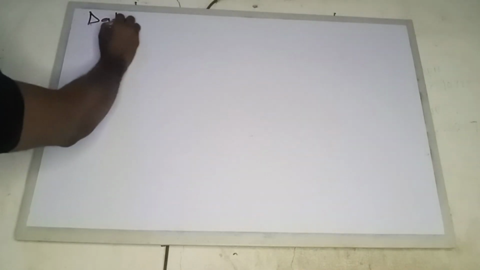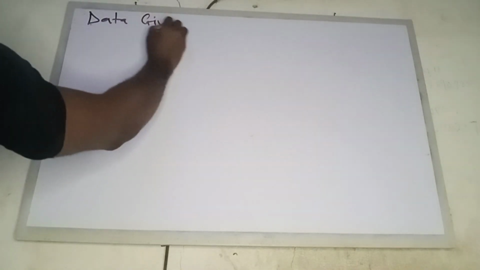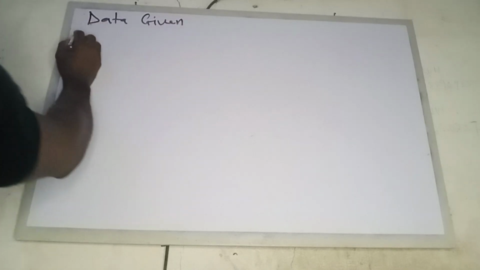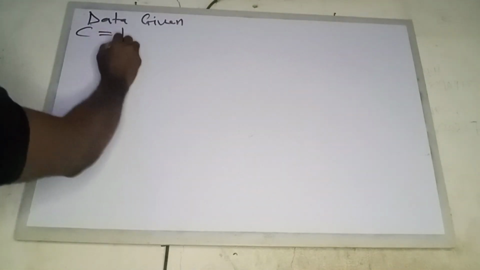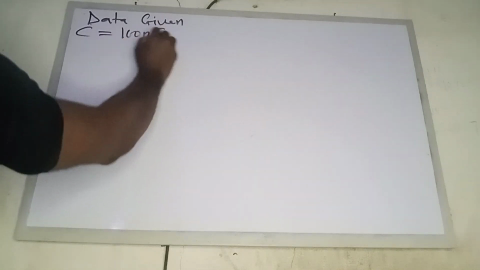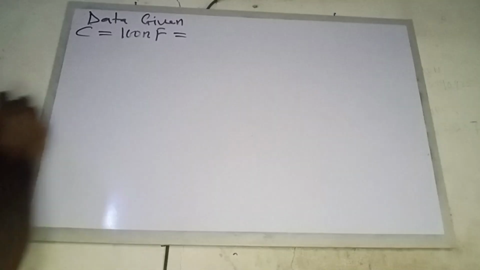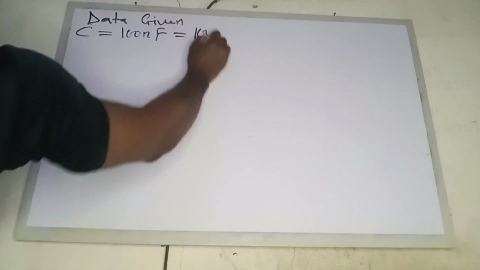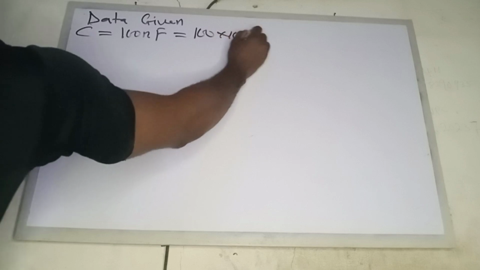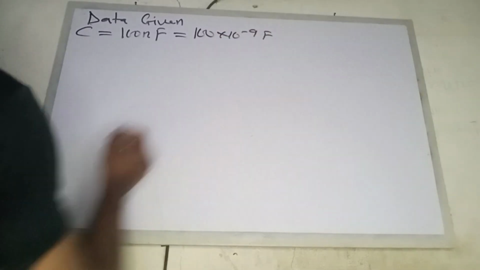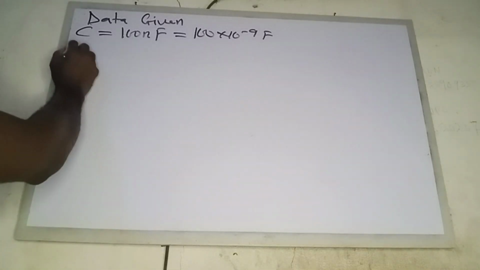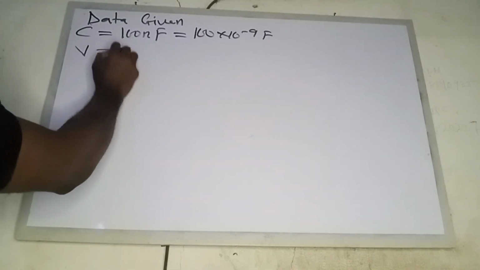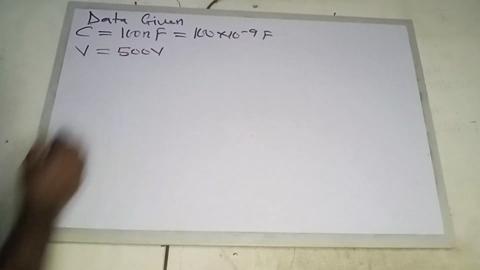Data given. We have our capacitance, which is equal to 100 nanofarad. This 100 nanofarad is the same as 100 multiplied by 10 raised to the minus 9 farad. And this particular capacitor is charged to a voltage of 500 volts.